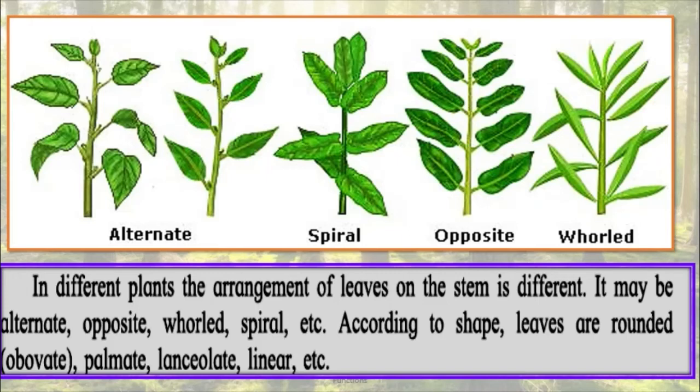After that you can see the opposite and whorled leaf arrangement. In opposite you can see that at one node you have two leaves coming, opposite to each other. When we talk about whorled, we see that at one node you have many leaves arising in a circular format.